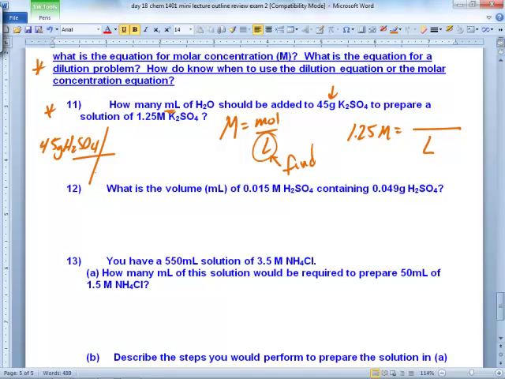Okay. So, Paul, I need the molar mass of H2SO4. You tell me what to add up here. Oh, it's K2SO4. That should be a K. Okay, so 2 times what?